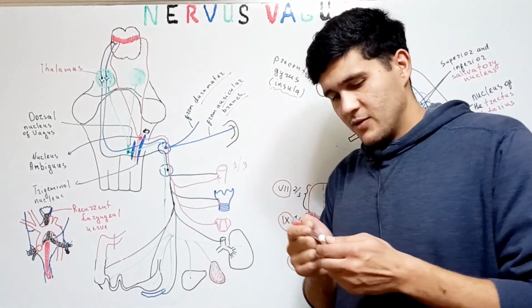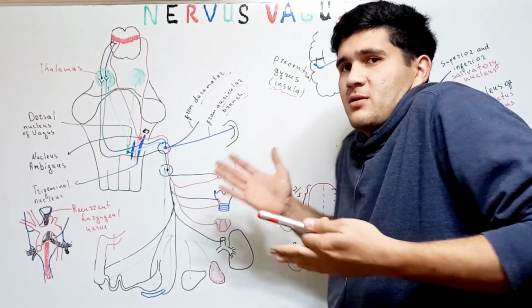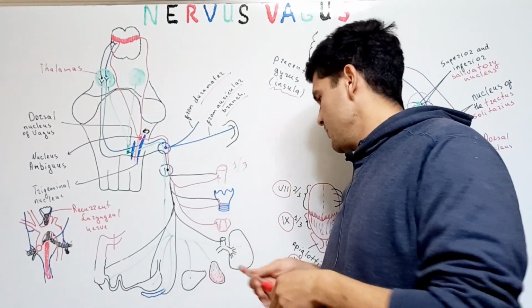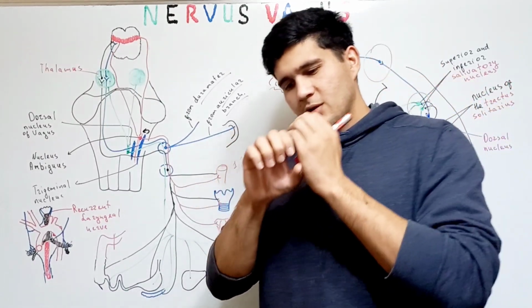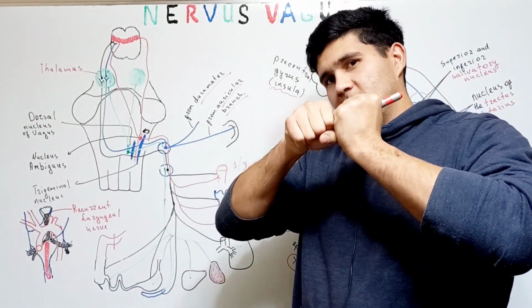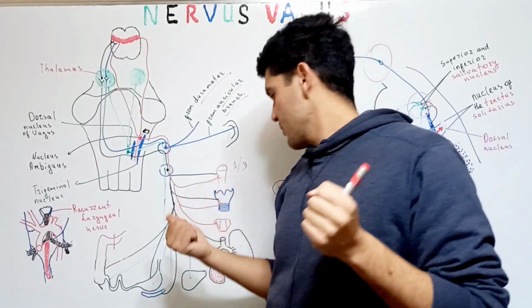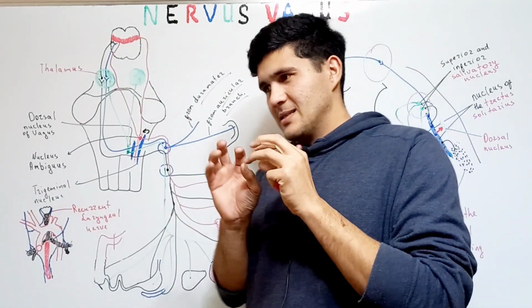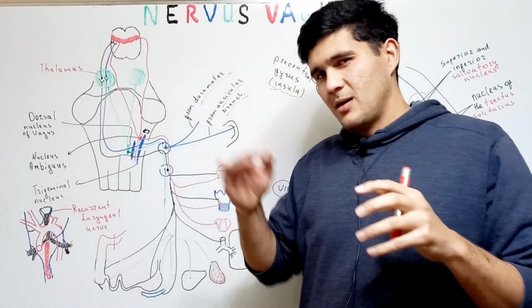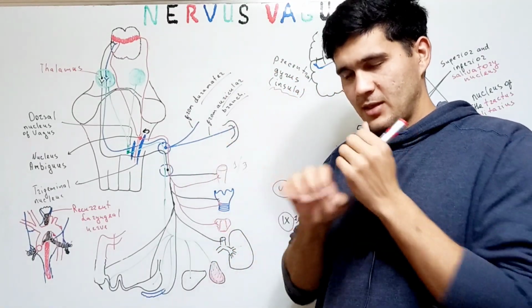And I should talk about the function of the parasympathetic innervation. In the bronchioles, they might constrict due to the parasympathetic innervation, and in addition, the amount of secretion will be increased in the bronchioles.